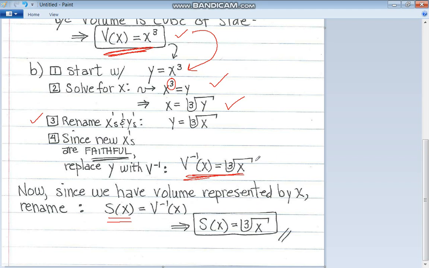And then all we do is take this function and replace v inverse with s, and we get s of x, the side as a function of the volume, equals the cube root of x. So whatever the volume is, you plug it in here, take the cube root, and you'll know the length of each side. That's it.